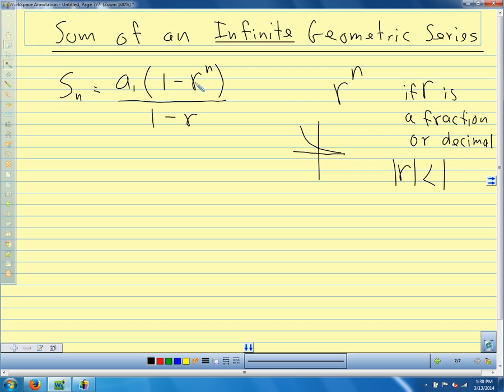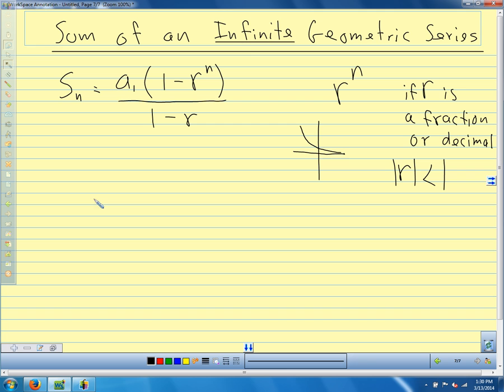If the absolute value of r is less than 1, this number r to the n, as we sum more and more terms, as n gets very large, this number on the top gets very, very close to 0. After a while, it's so close to 0 that we just say it is 0. It's essentially 0.